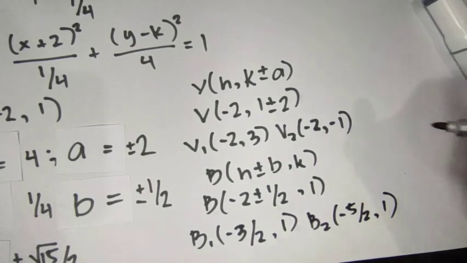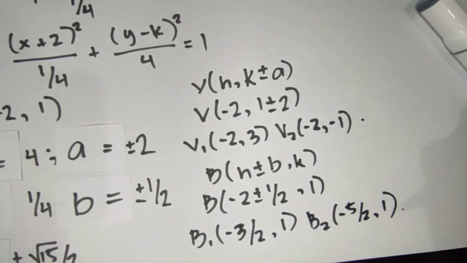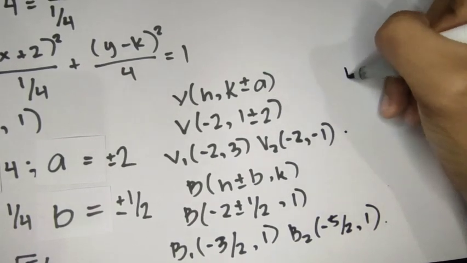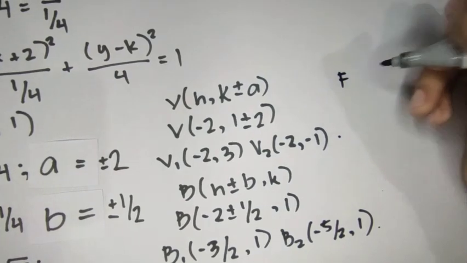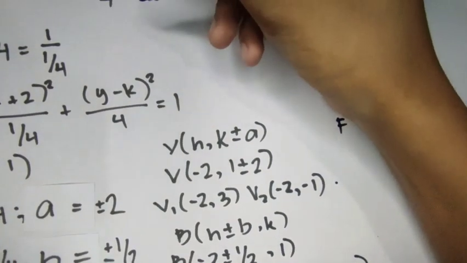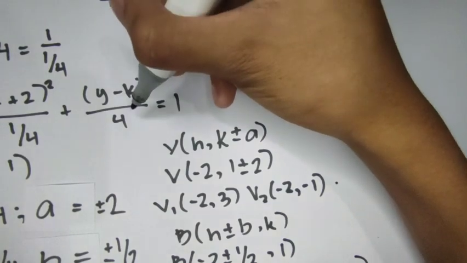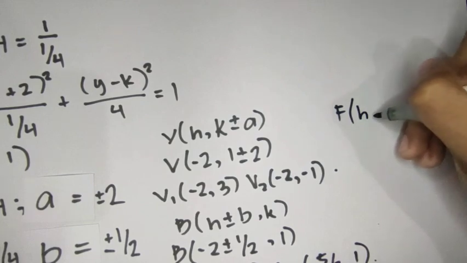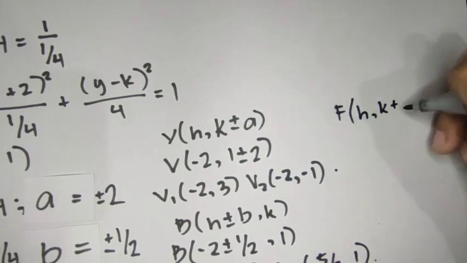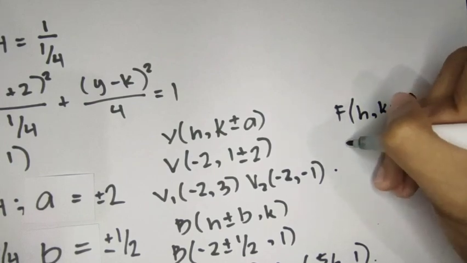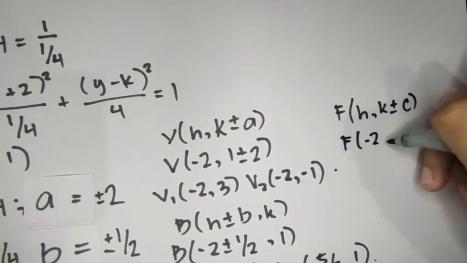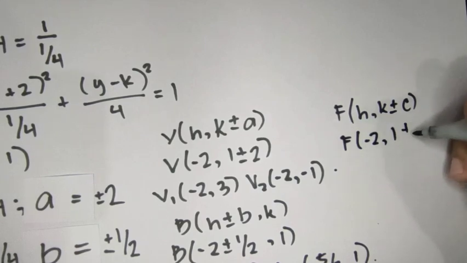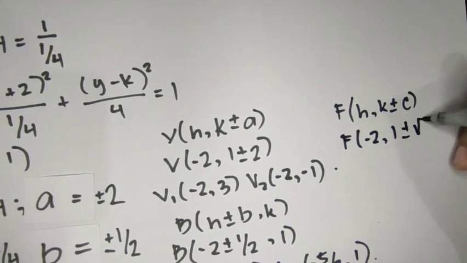Now we will find the foci of the ellipse, since we have our values of vertices and co-vertices. So our foci will be determined by, since the ellipse seems to be lying vertically, we will add this value of C to the K. So negative 2, comma 1 plus minus square root of 15 over 2.